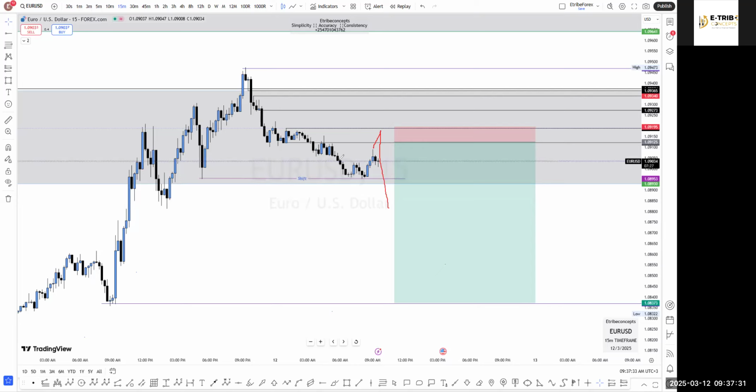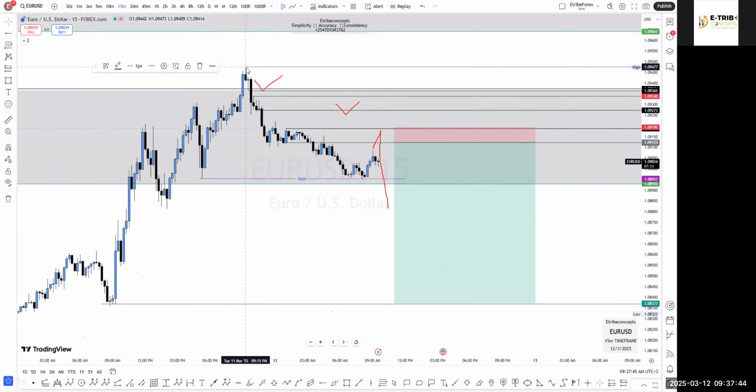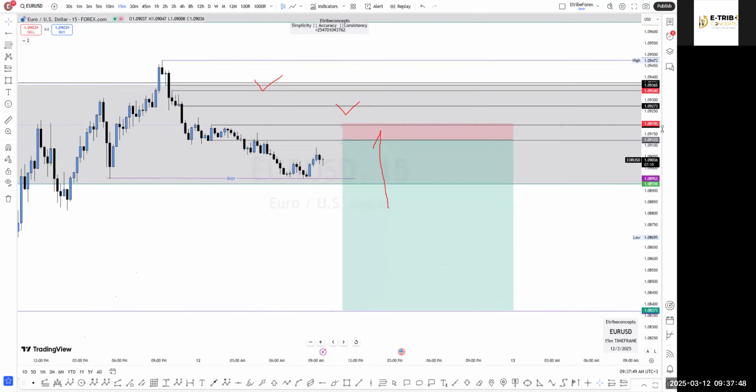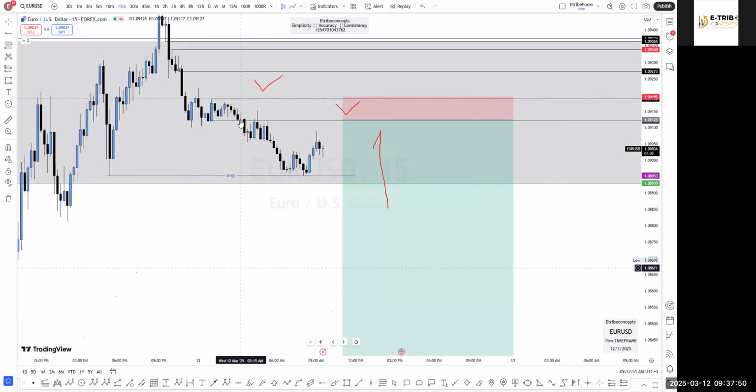then my extreme point will either be here or here, because this is near the FMD. Let me show you. Hold on. This is our FMD. Near the FMD, I can consider this type of liquidity.